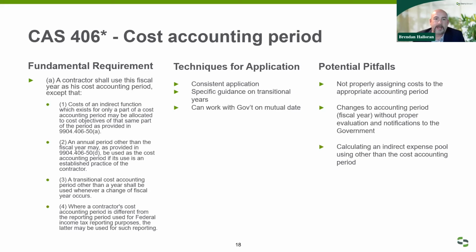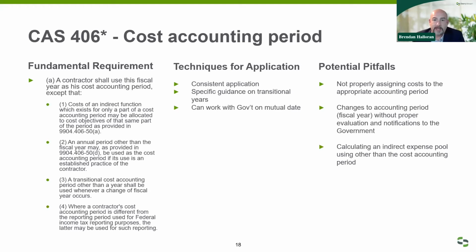Other things to keep in mind with cost accounting period is that there are always instances, and we see this particularly in merger or integration activity, is that you may be trying to bring an organization on board that had a different cost accounting period. And there are methods that you can have. One, you could have a transitional accounting period, which may be slightly shorter or slightly longer.